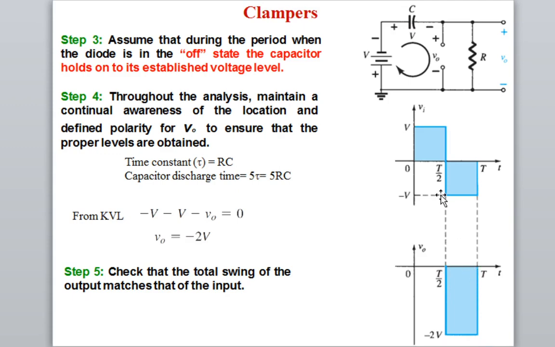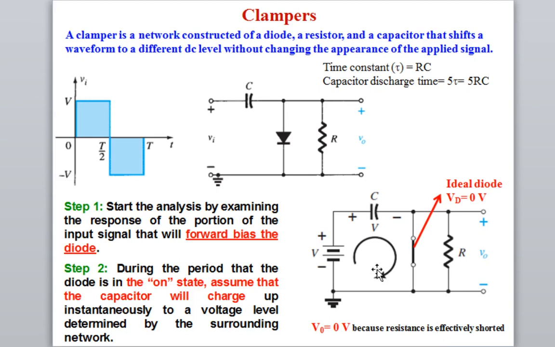Initially you have some different DC level. Now here, if you see, you have changed the DC level. That is why I have defined the clamper circuit. The clamper circuit network is constructed of basically a diode, resistor and capacitor, which shifts a waveform to a different DC level without changing the appearance of the applied signal.